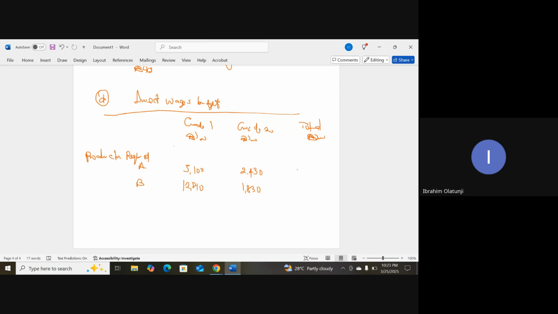So then we can calculate the total, then we cast. Total: 5,103 plus 2,430. What do you have? 7,533.